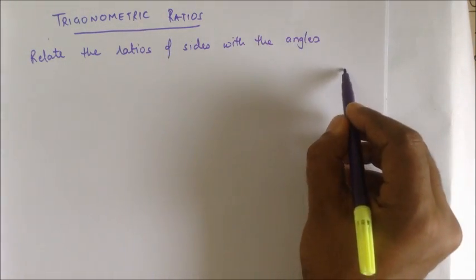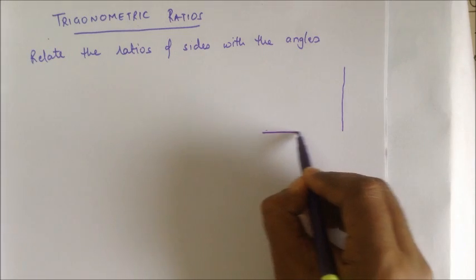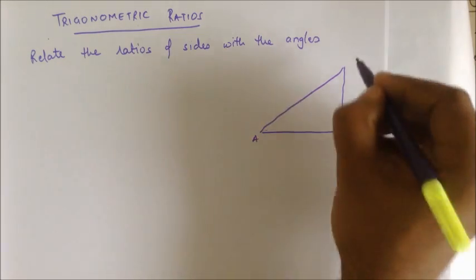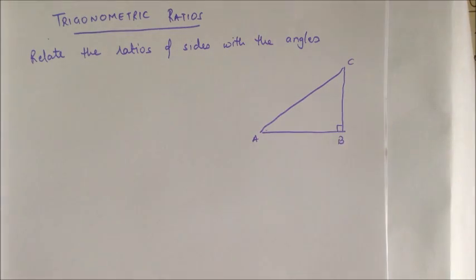So I'll again take a right angle triangle A, B, C, which is right angled at B.